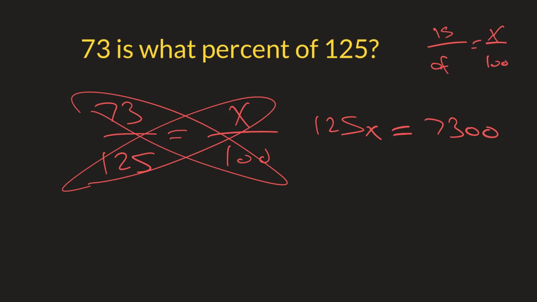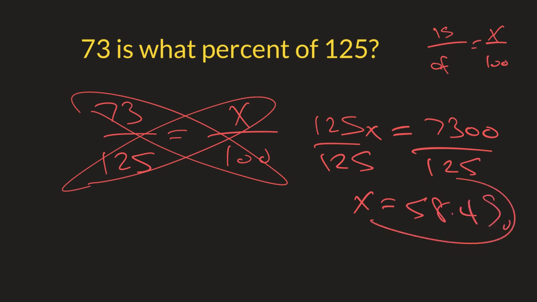Divide both sides by? Perfect. You guys, I think you're catching on a little bit here. So 7,300 divided by 125, 58.4%, right? 58.4%, because you're looking for a percentage.